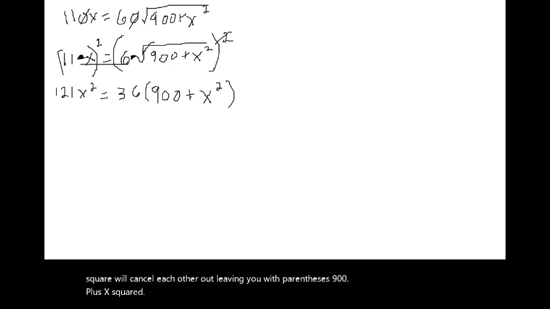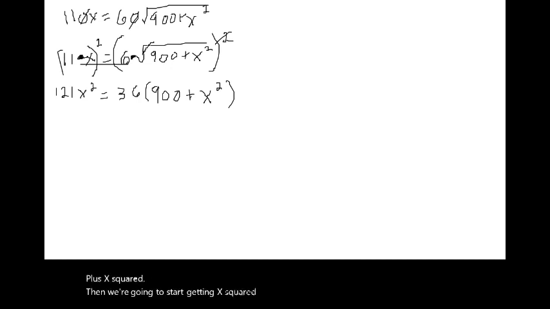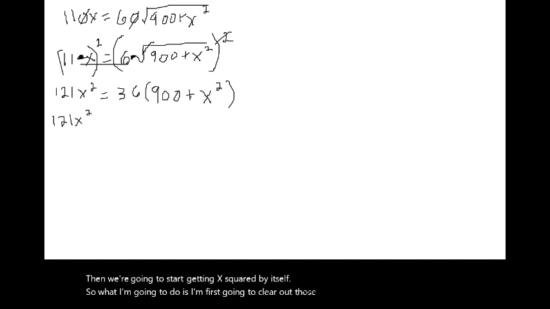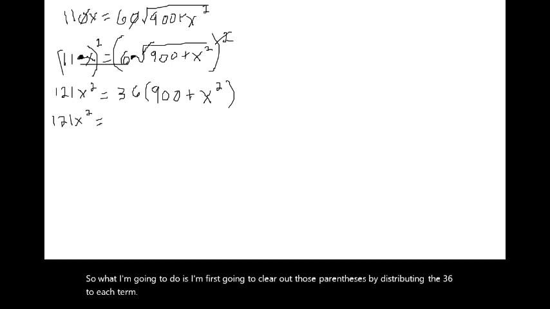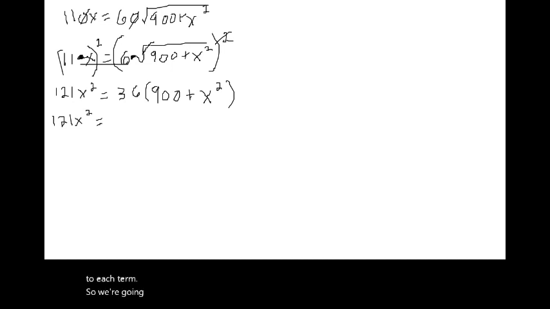Then we're going to start getting x squared by itself. So what I'm going to do is first clear out those parentheses by distributing the 36 to each term. So we're going to have 36 times 900, which is 32,400. Then 36 times x squared is plus 36x squared.